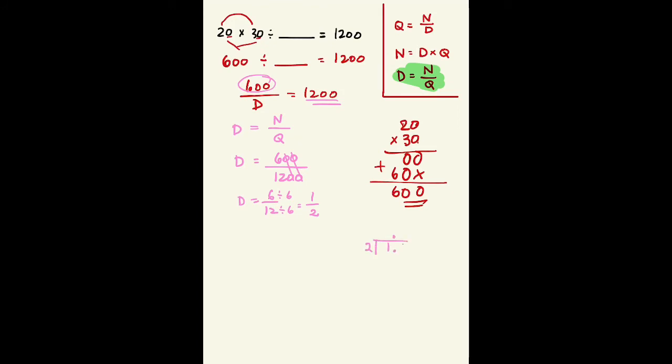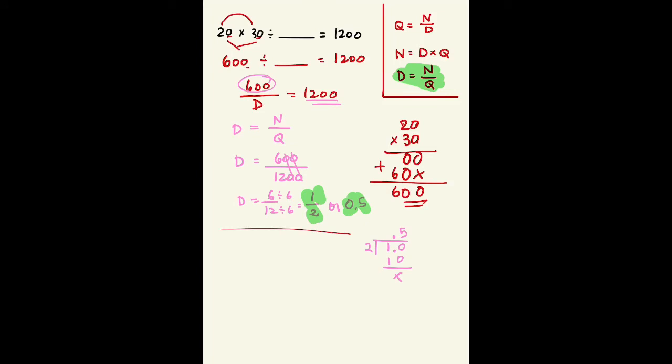And I can go and divide 1 divided by 2. Put a decimal point there. So that's 10. 10 divided by 2 is 5, or 0.5. So that is the answer: 1/2 or 0.5. So let's check if it's correct.